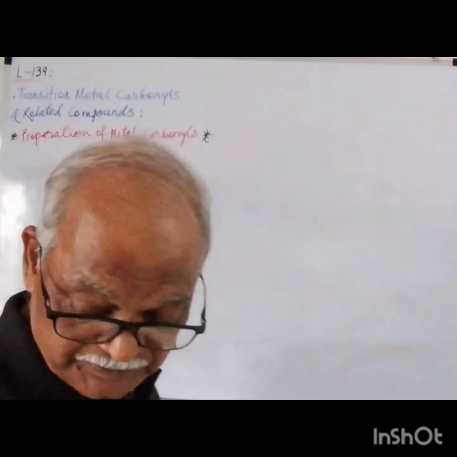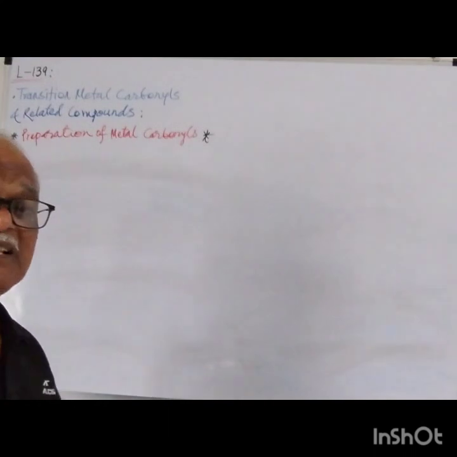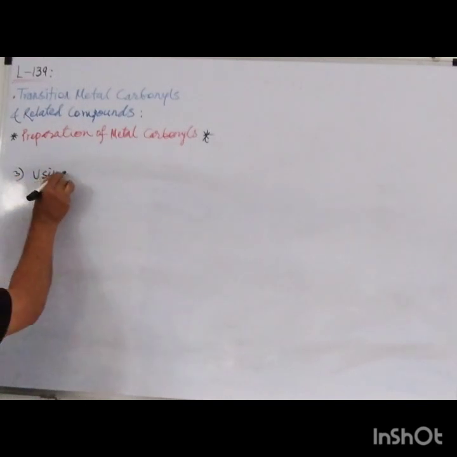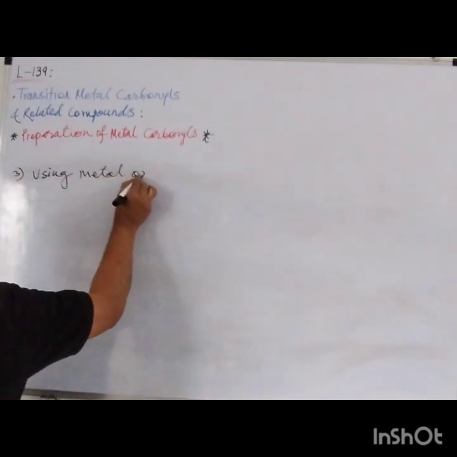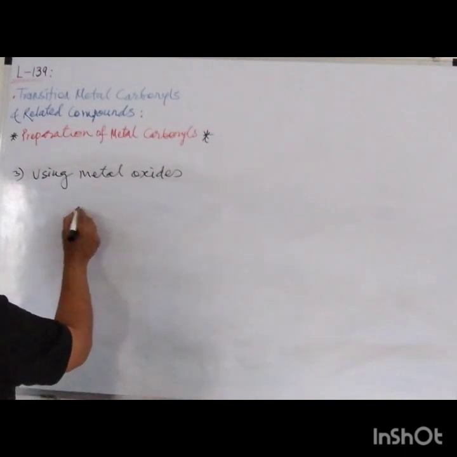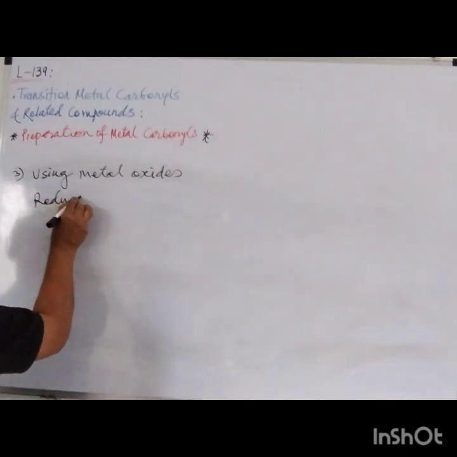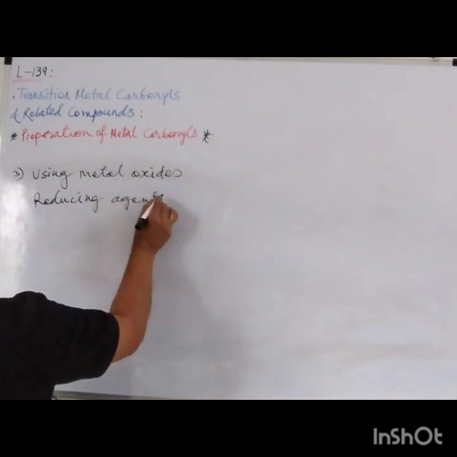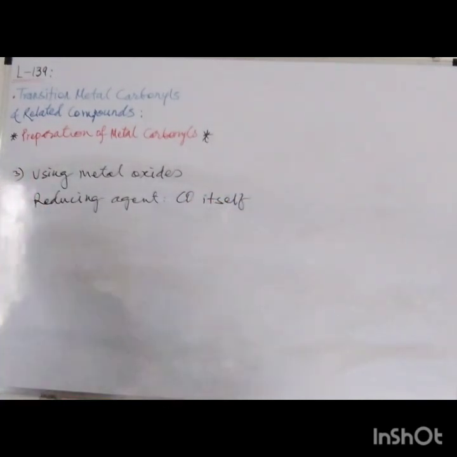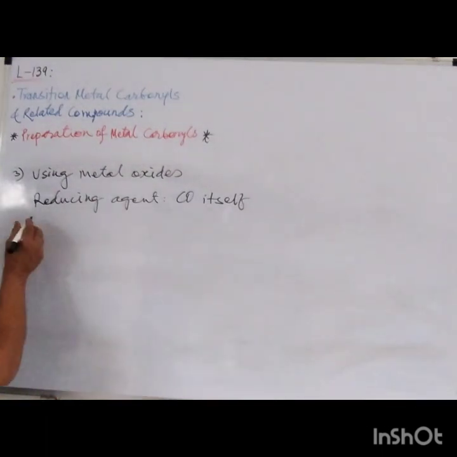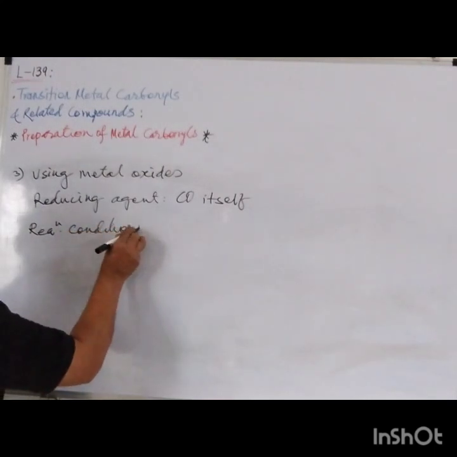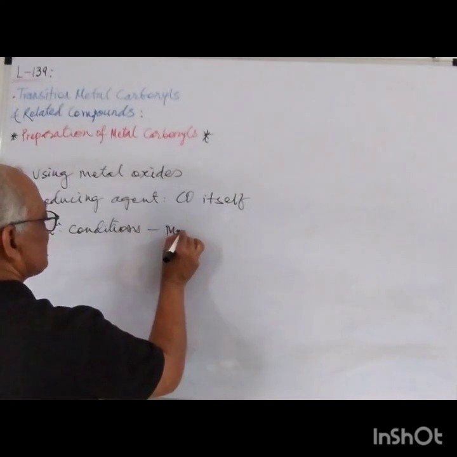And the third method is the use of metal oxides. Here the reducing agent is carbon monoxide itself, and the reaction conditions are more drastic.